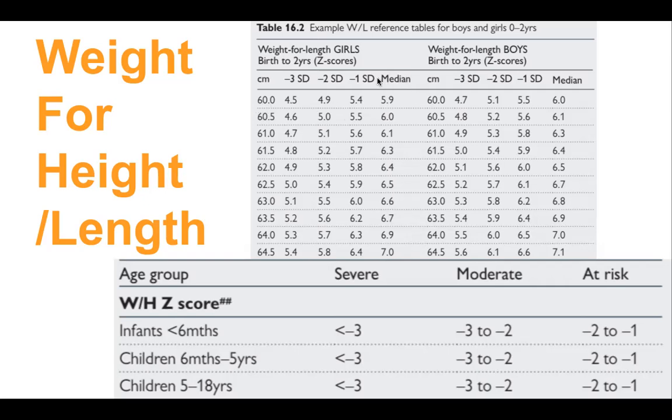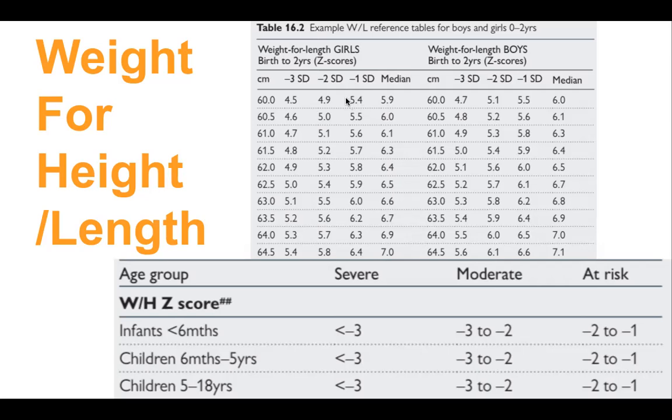The median body weight for a 60 centimeter girl should be 5.9 kilogram. If the patient's body weight is 5.3, which is less than -1 standard deviation, less than 5.4, she is at risk of malnutrition.